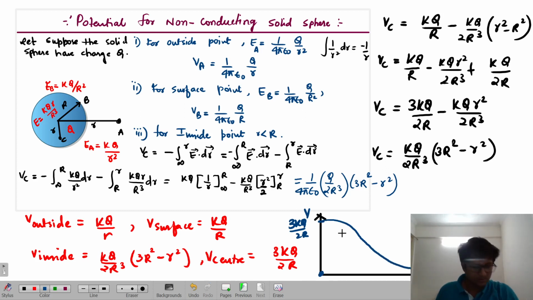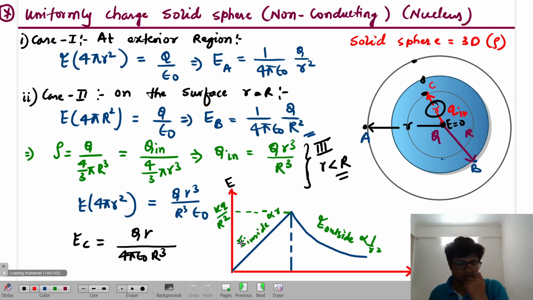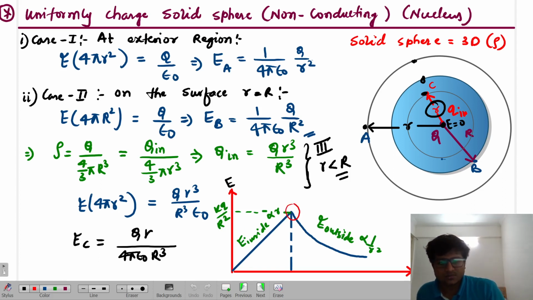Is that clear? And this is that point. Somewhere over here, potential tries to minimize. See, if you look over here, in previous cases, in terms of electric field, there is a particular sharp turn over here or not. Suddenly from linear it goes as inversely proportional, isn't it?